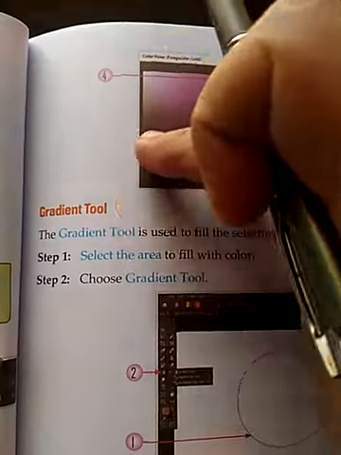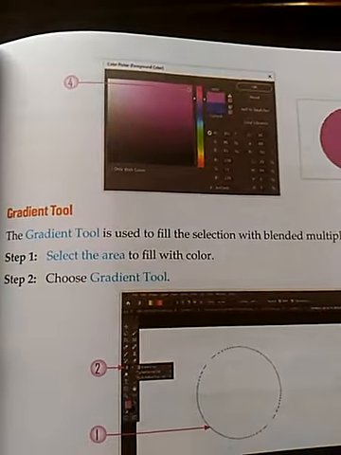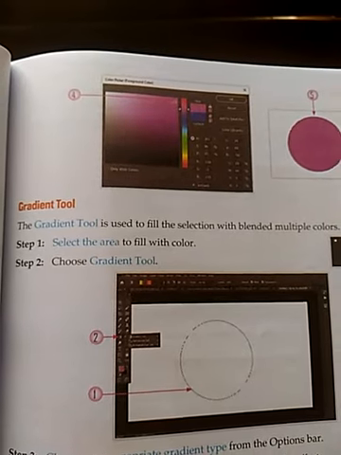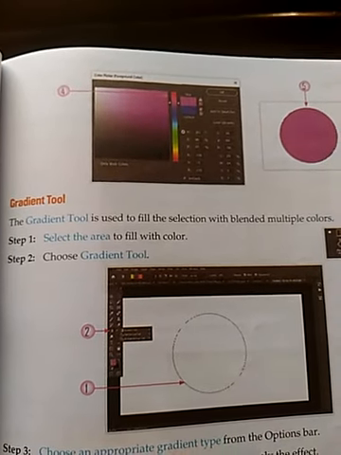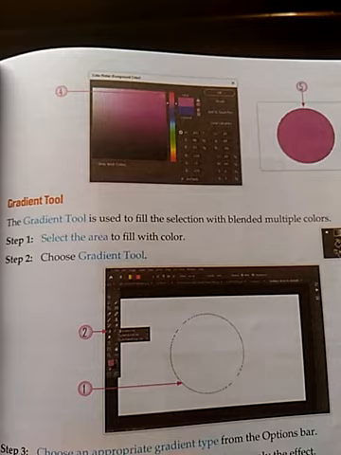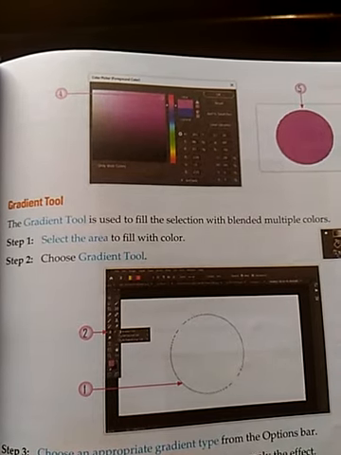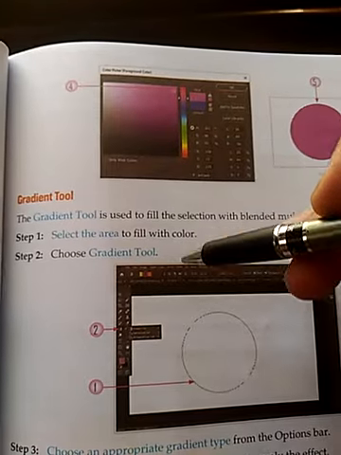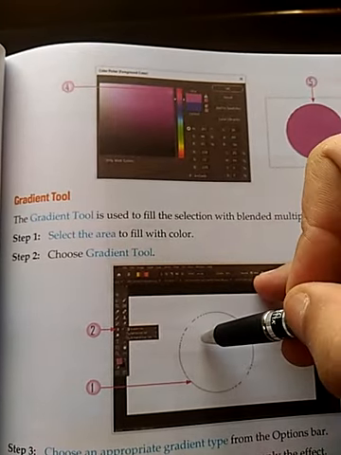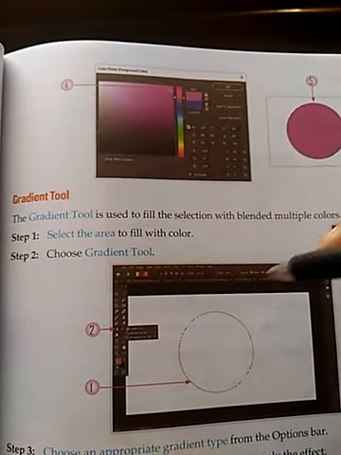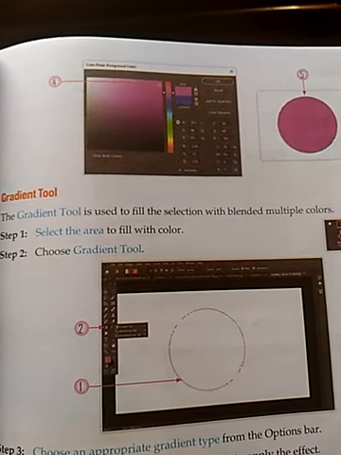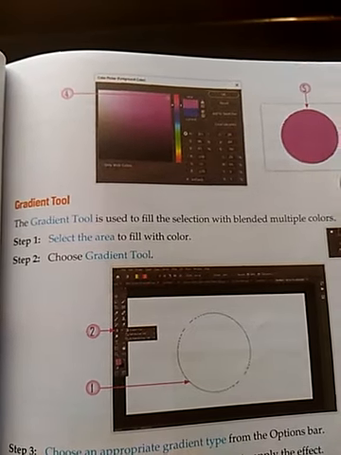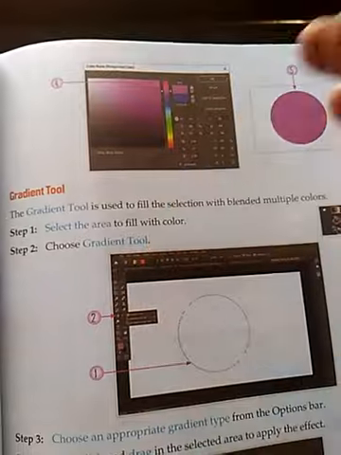Likewise, there is the gradient tool. Gradient tool is used to fill the selected section with blended multiple colors. So gradient tools help you to fill a selected image with blended multiple colors. Select the gradient tool.